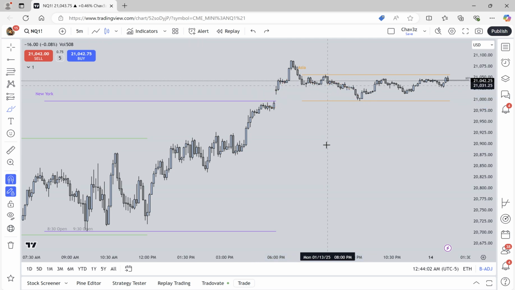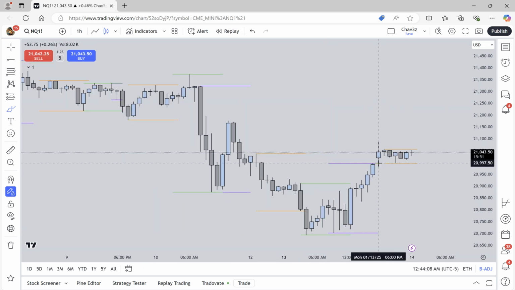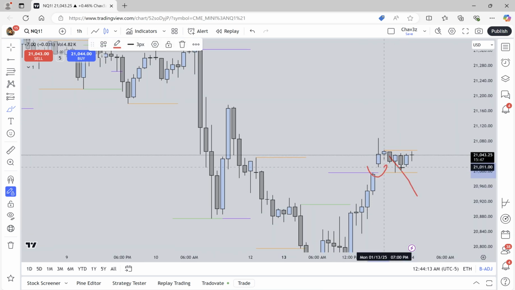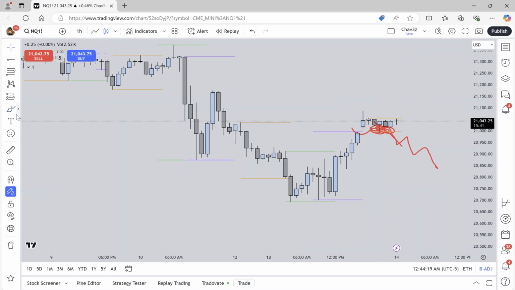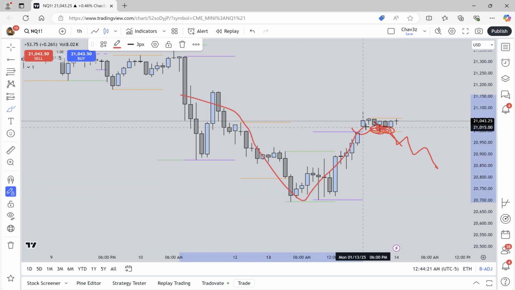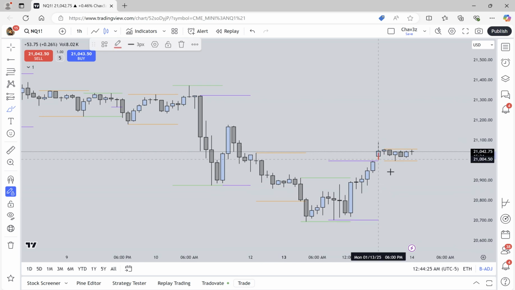But we want to see higher time frame, like the 1 hour or the 4 hour. We want to see bodies, we don't want to see a wick. We want to see bodies close in and under the island, and that's going to confirm what? That's going to confirm our downtrend, but it's also going to confirm that the island was taken out.